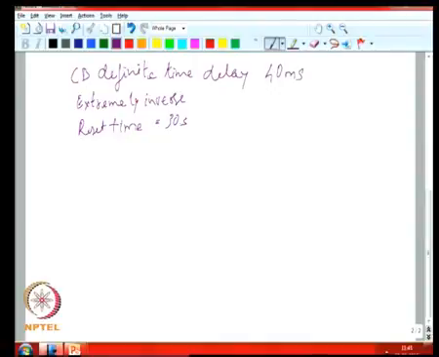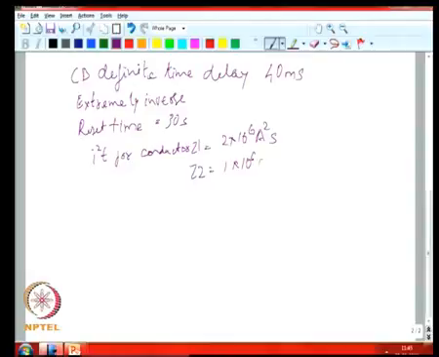We mentioned that the I square t for conductors in zone 1 is 2 into 10 to the power of 6 ampere square second, and for conductors in zone 2 it is 1 into 10 to the power of 6 ampere square second.